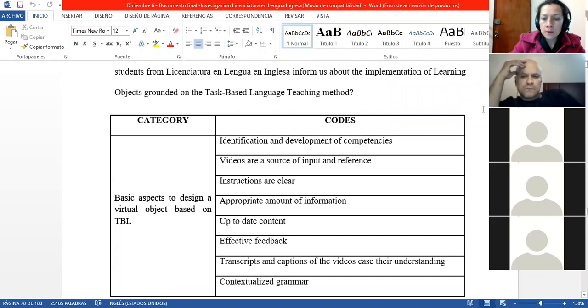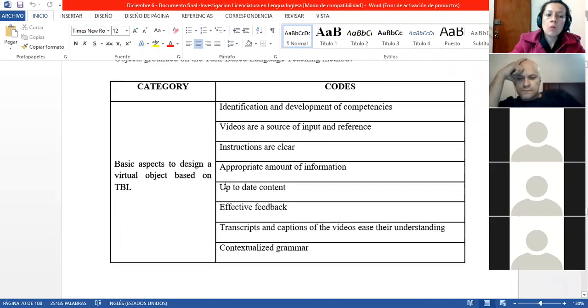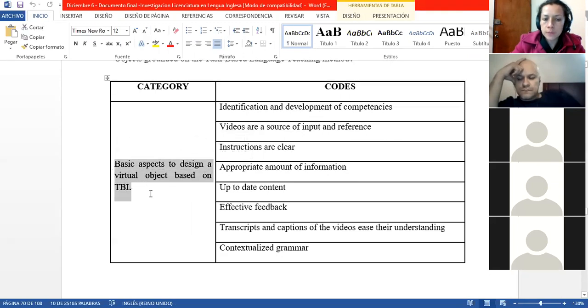So we can say that all the information related to competences, videos, instructions, amount of information, up-to-date content, effective feedback, transcripts, and contextualized grammar can become a group that will be called basic aspects to design a virtual object.